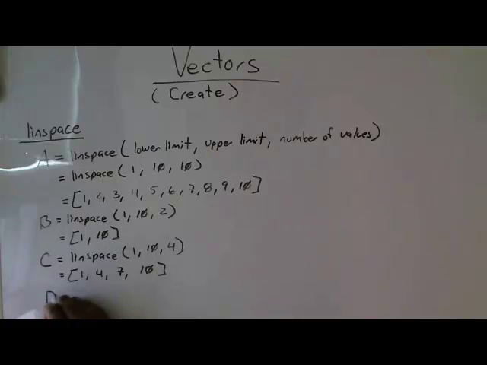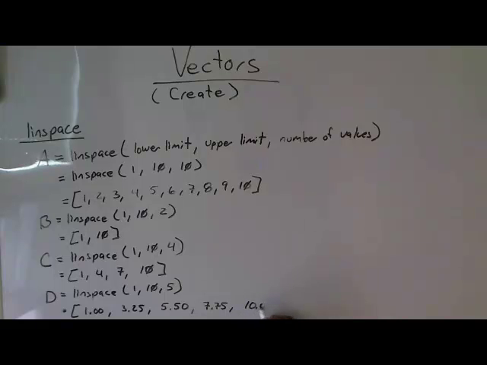Let's do one that's not so clean and involves decimal numbers here. So I'm going to do Linspace 1, 10, 5. And so that's going to come back and give the vector 1.00, 3.25, 5.50, 7.75, 10.00.